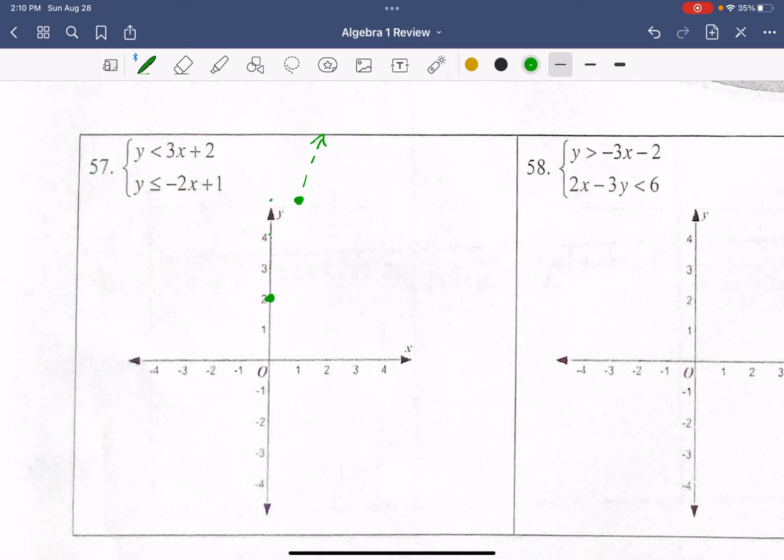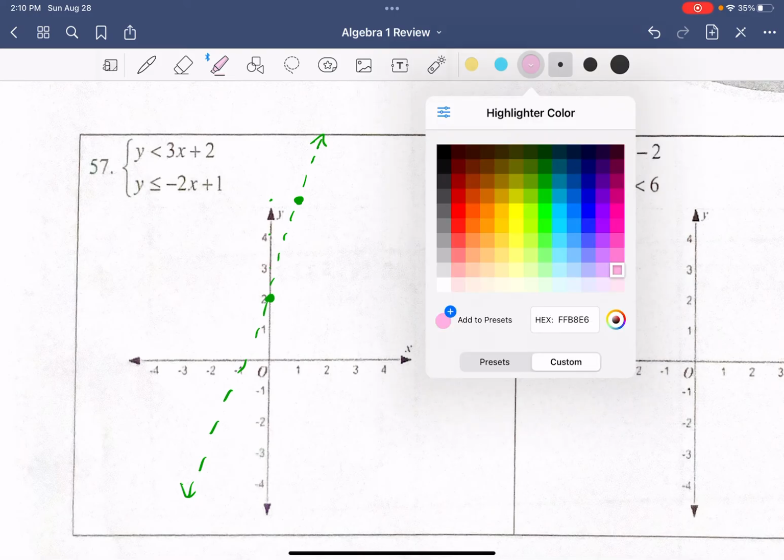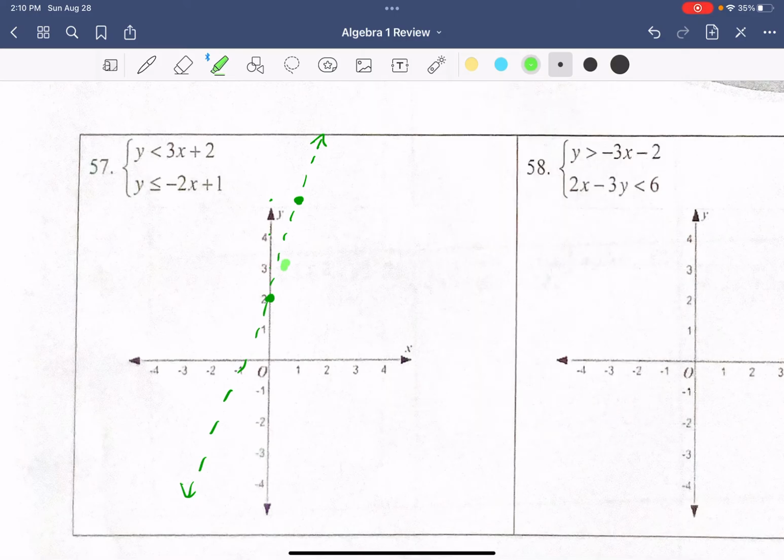So it's not going to look great, but you get the general idea. And then if you have y is less than, that means you're going to be shading in the lower half of the y value.